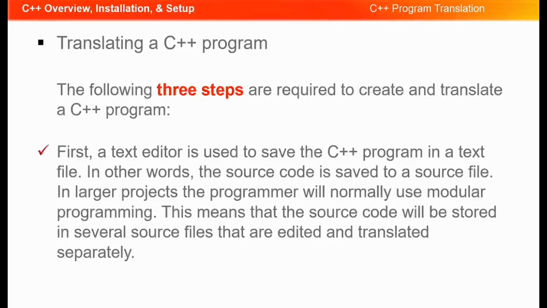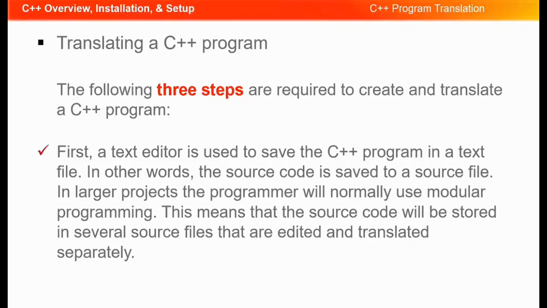Okay, so now we can talk about how we go from a C++ file to an actual executable, because we have to remember that the computer doesn't understand C++. It's a foreign language, it doesn't understand it at all.